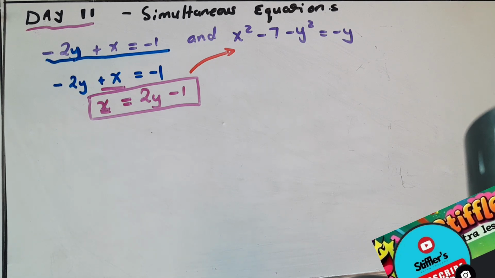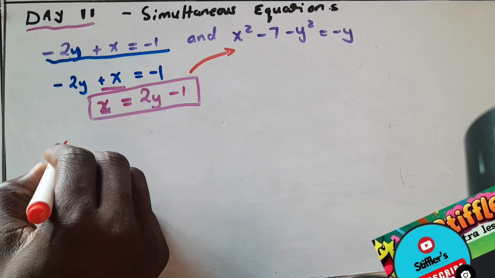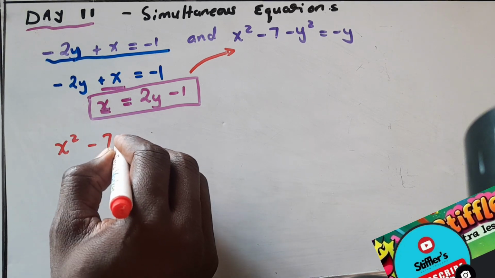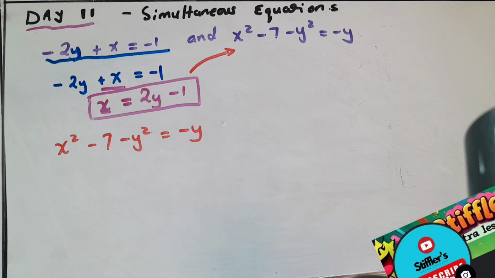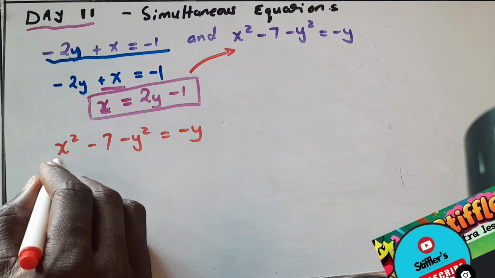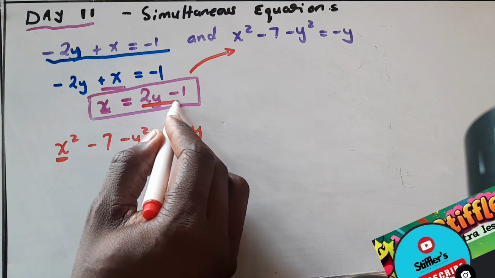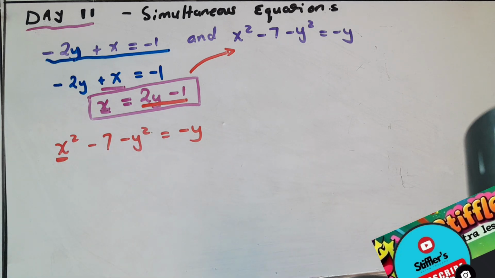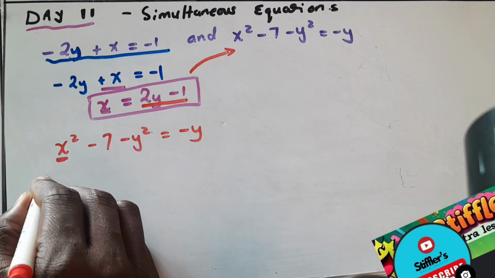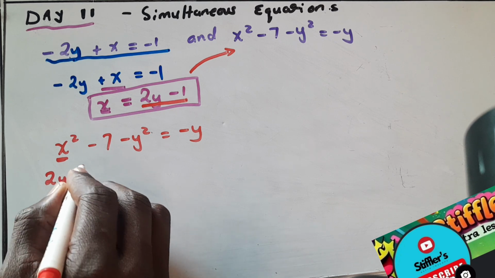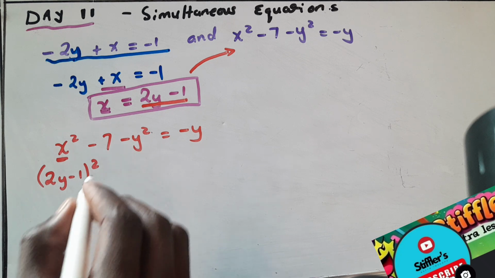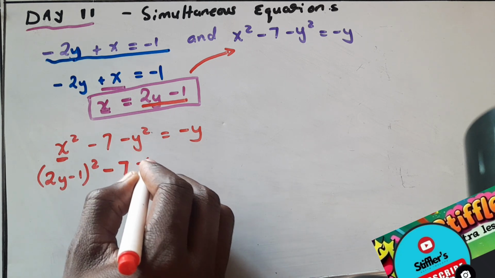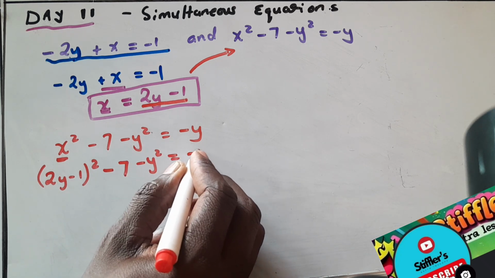That equation is saying x squared minus 7 minus y squared is equal to minus y. Wherever there is x, we place 2y minus 1, and don't forget to put the brackets, right? So this now becomes 2y minus 1 squared, because x was squared, minus 7 minus y squared is equal to minus y.